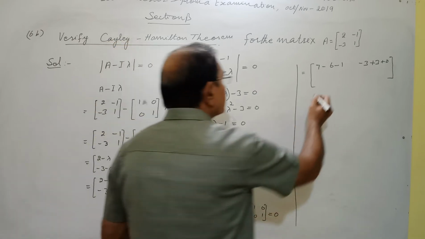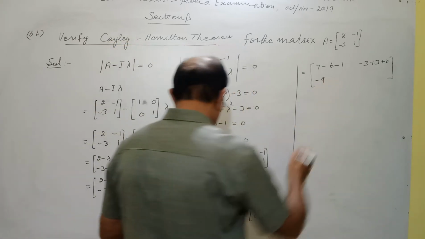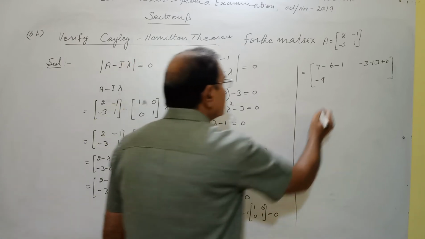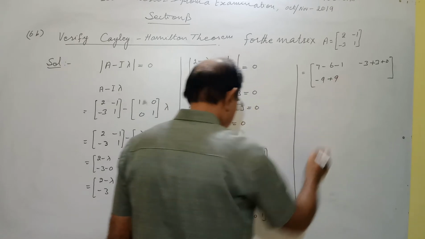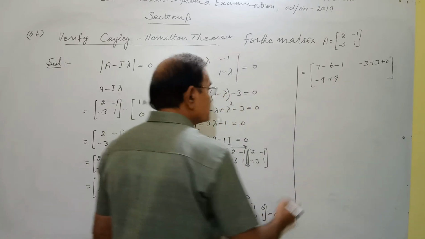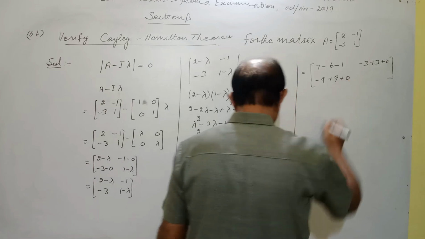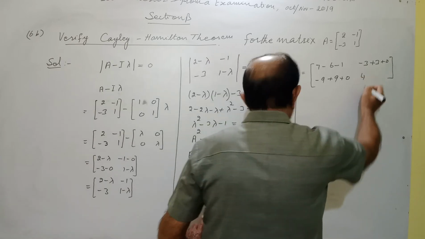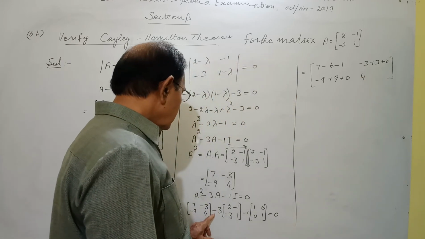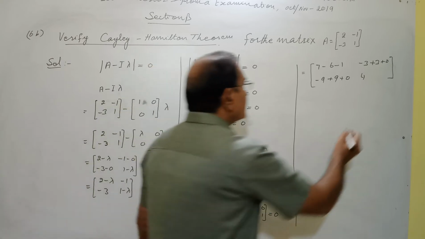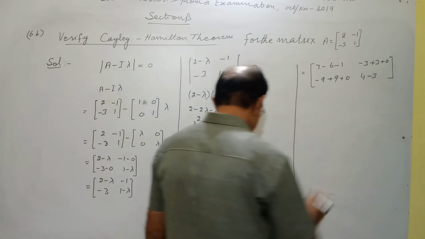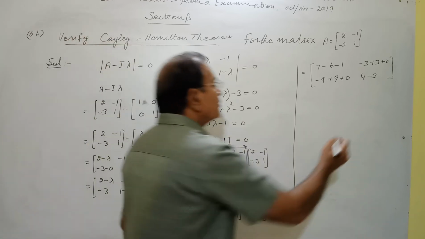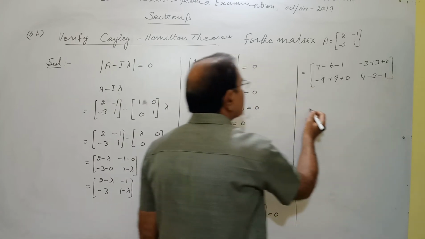Minus 9, see the second row, minus 9, minus minus plus 3, 3 is 9, minus 0 into 1, 0, 4, minus 3 into 1, minus 3, minus 1 into 1, minus 1.